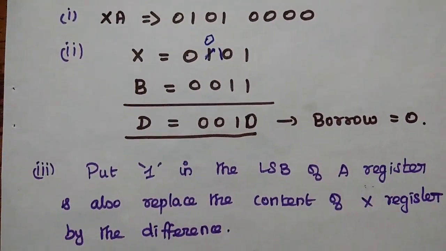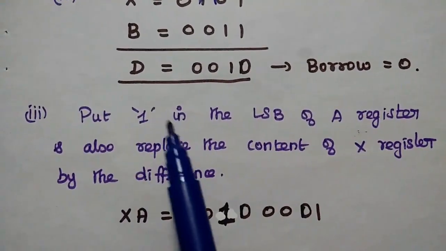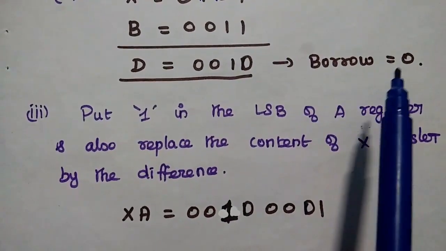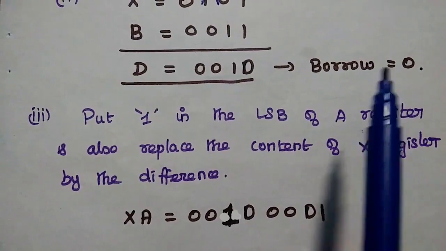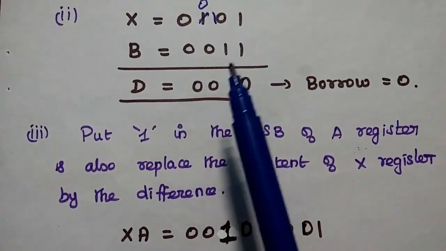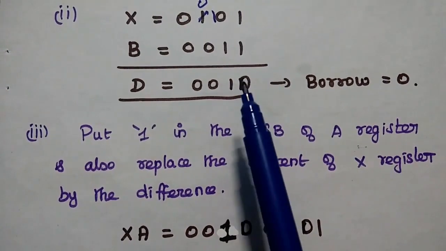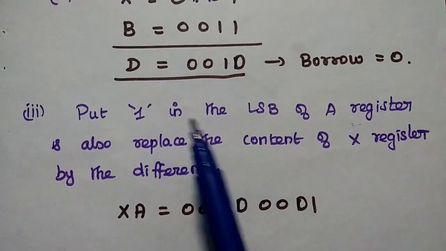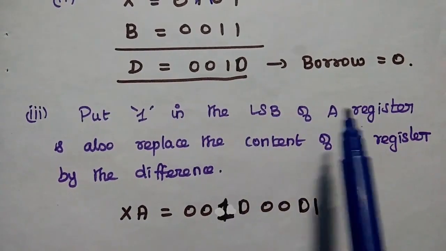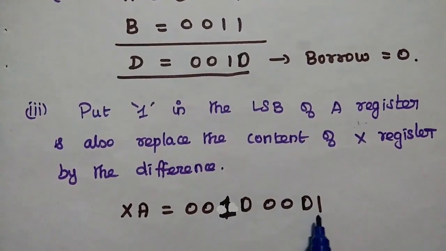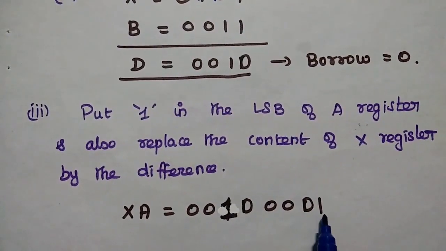So if it is 0, we have to put 1 in the LSB of the A register. Remember, borrow equal to 0 means there is a proper subtraction. Correct. So here we have to put 1 in the LSB of the A register. So in the dividend register, we replace the least significant bit with 1.